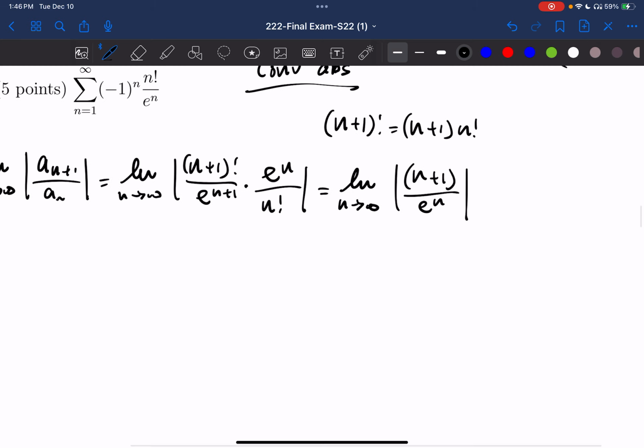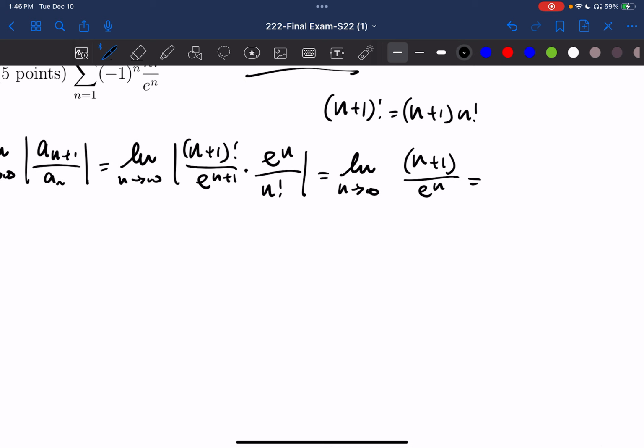And I said we can drop off the absolute value sign. Wait a second, I did not do this right. Sorry, yes, this e to the n will cancel with e to the n, leaving us with just e, not e to the n, sorry. So we will get this.